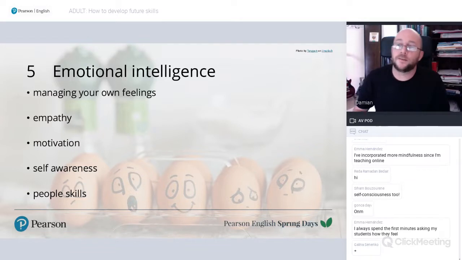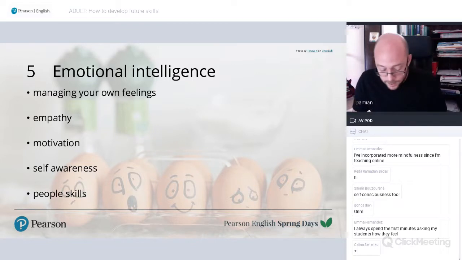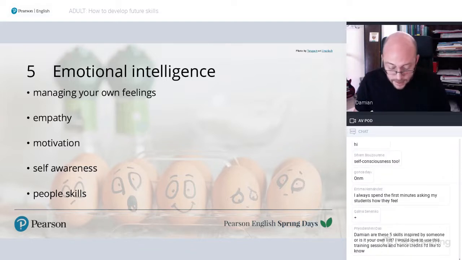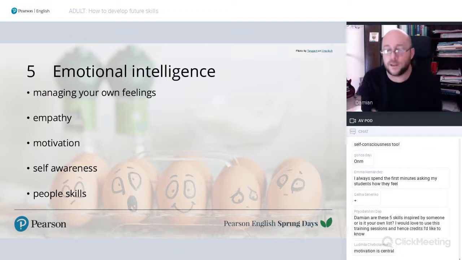So that we're developing their ability to motivate themselves by becoming self-aware, which is the next point there. And the last point there is people skills. This is the culmination of all these points here. So this is in terms of building rapport.